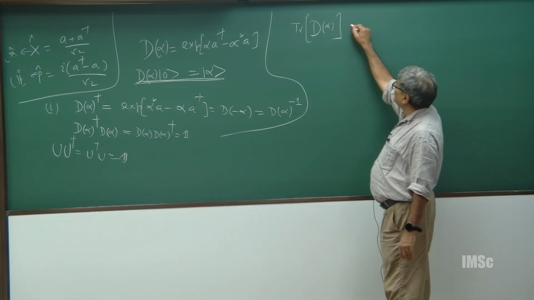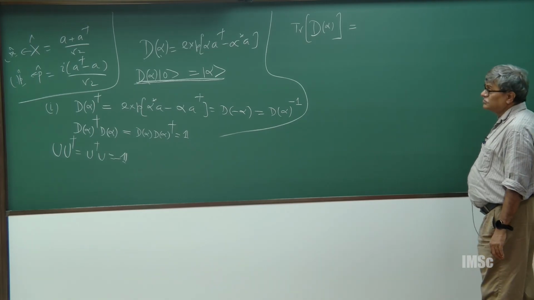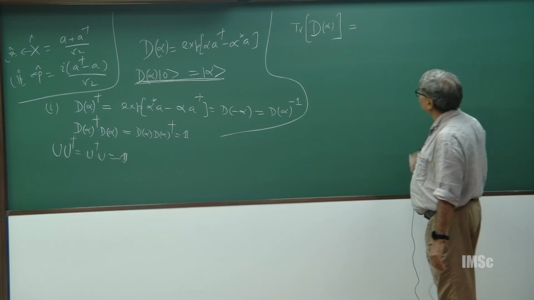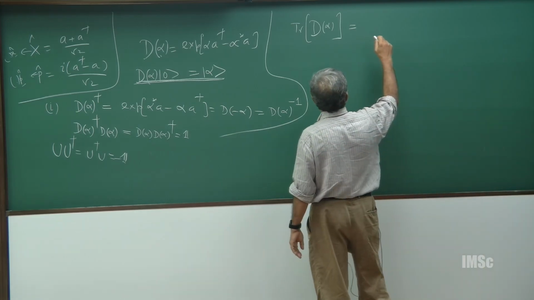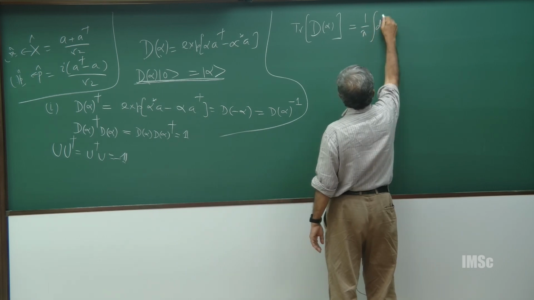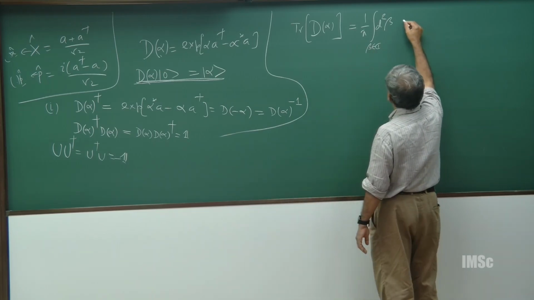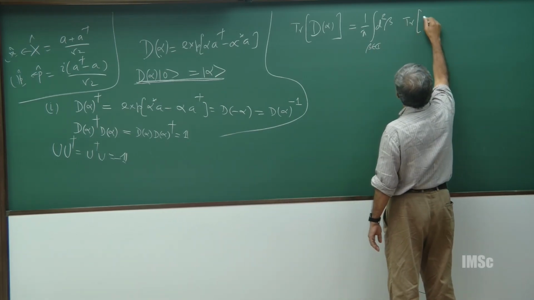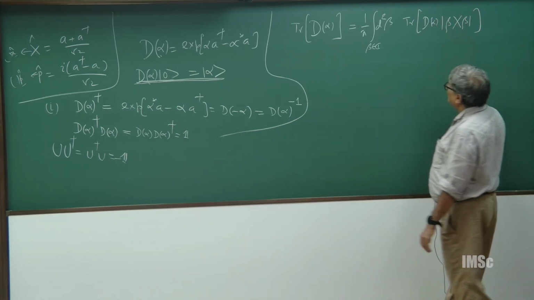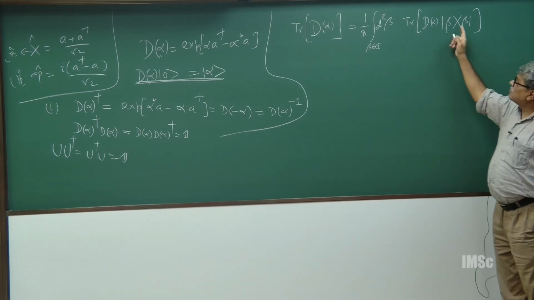The trace is one upon pi integral d square beta, because I can use the coherent state basis, beta D of alpha beta. Is that clear? Because I have inserted the identity operator.